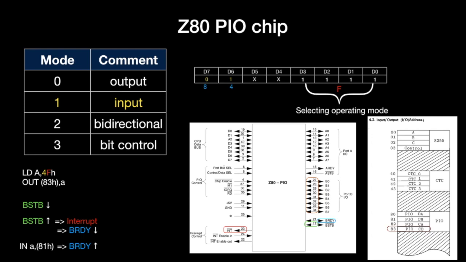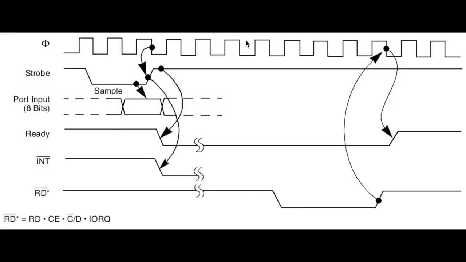Let me switch to the datasheet again to show the timing. So this is the clock signal again, and when the device wants to send data, the ready line is high, so the strobe is low. It will tell the PIO, oh, data is available.